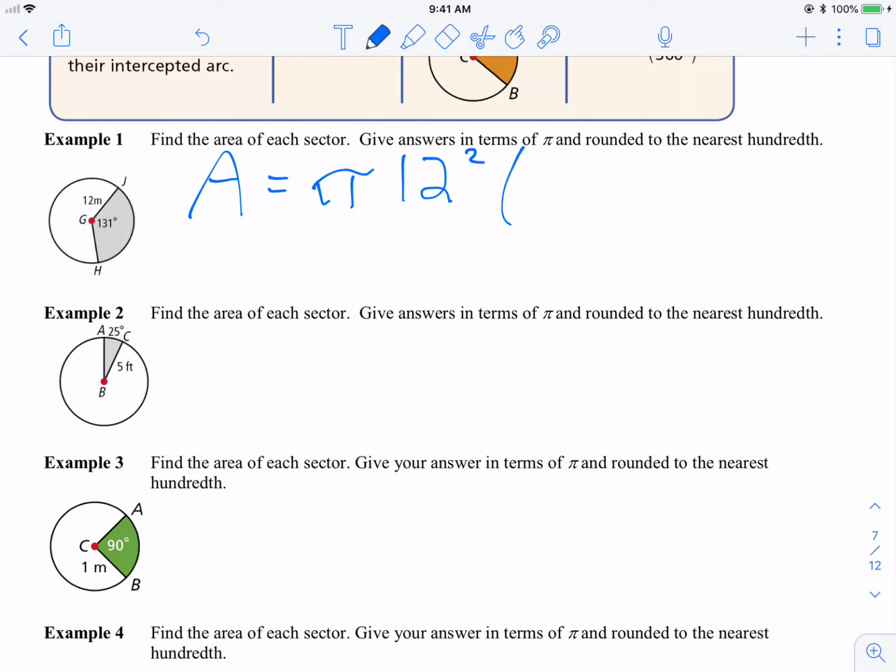And we're multiplying this by the fraction of the circle that we have. Now, unlike the 90 degree angle in our quick example, 131 degrees isn't a very friendly fraction to work with. So to get this answer in terms of pi, we'll simplify where we can. We know that 12 squared is 144.